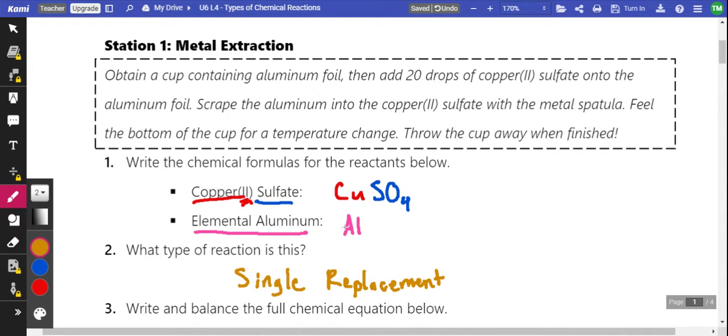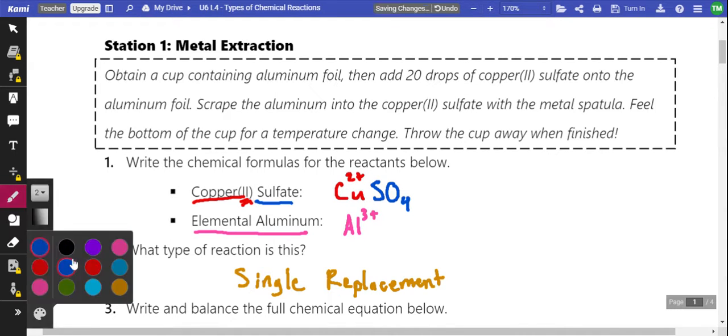So if I've got to pick whether the aluminum goes with the copper or with the sulfate, I just have to look at what charges they have. Aluminum on the periodic table has a charge of positive 3 as an ion. The copper had a positive 2 charge. The sulfate had a negative 2 charge.